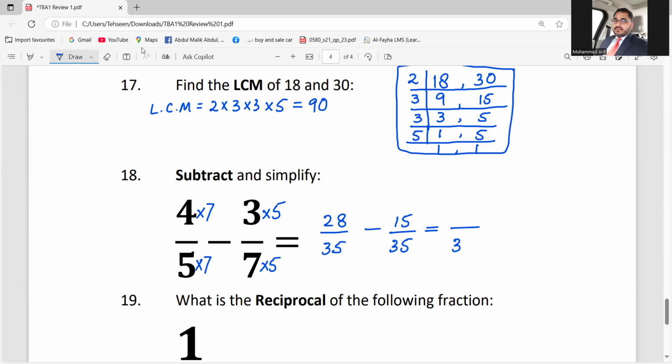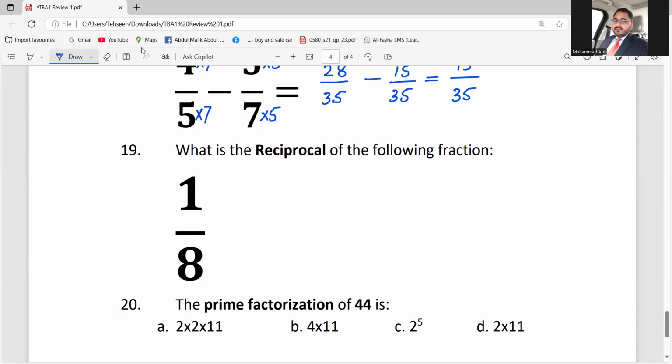We need to write the LCD as the common denominator. That is 35 common, not 2 times. Then in the numerator there is 28 minus 15. 28 minus 15 is 13. The answer is 13 divided by 35.